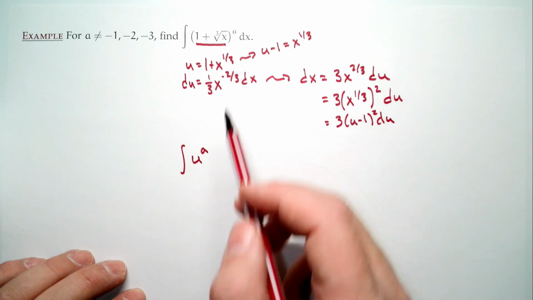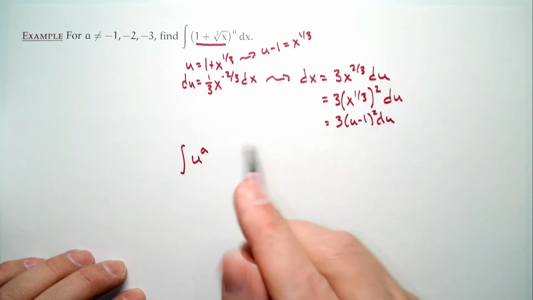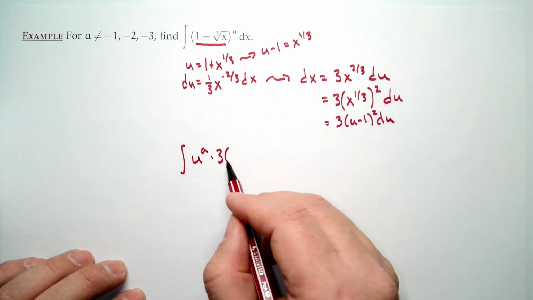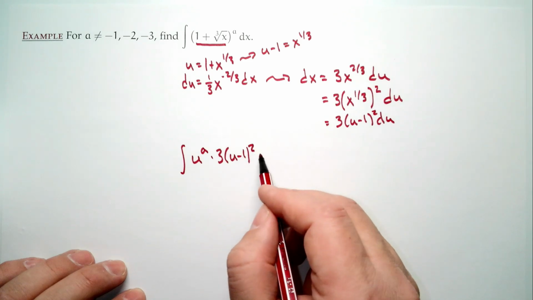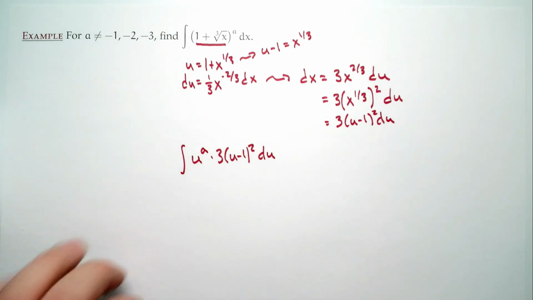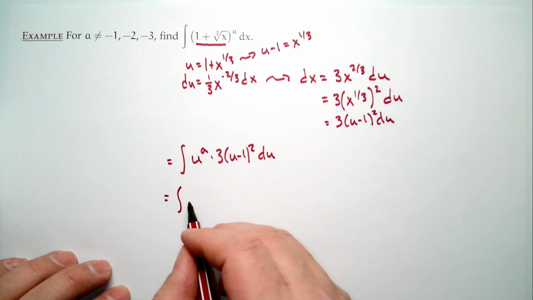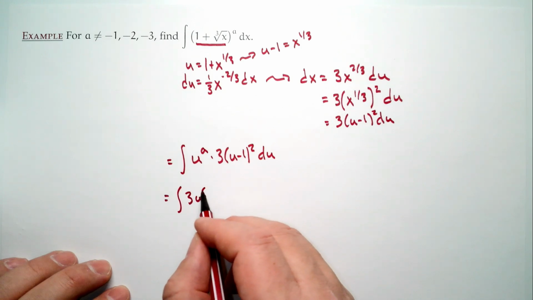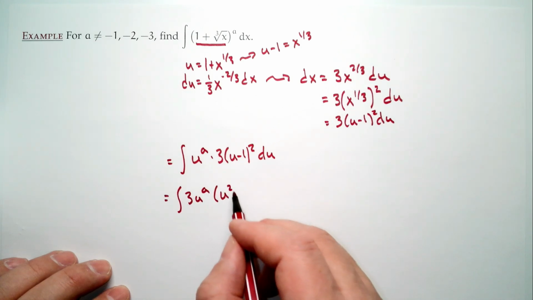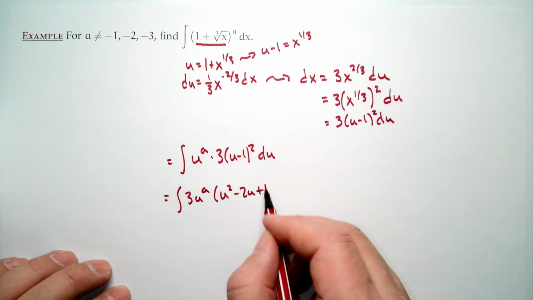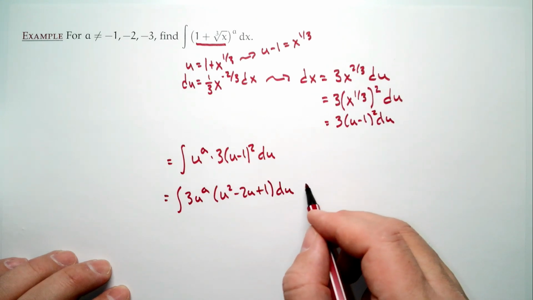The dx will become 3 times (u minus 1) squared du. Now, (u minus 1) squared is something we feel comfortable working with. So we can write this as 3 times u^a times (u squared minus 2u plus 1) du.